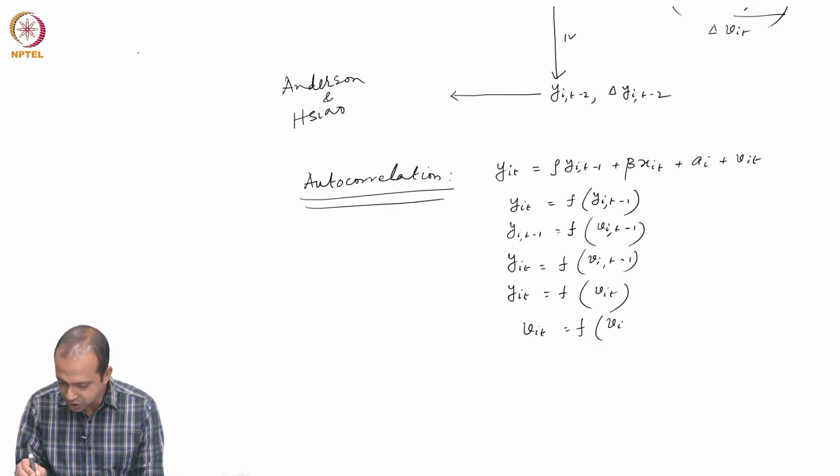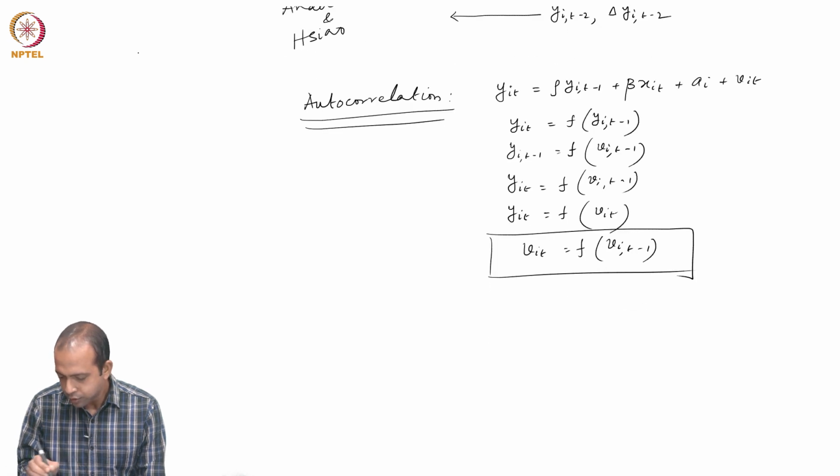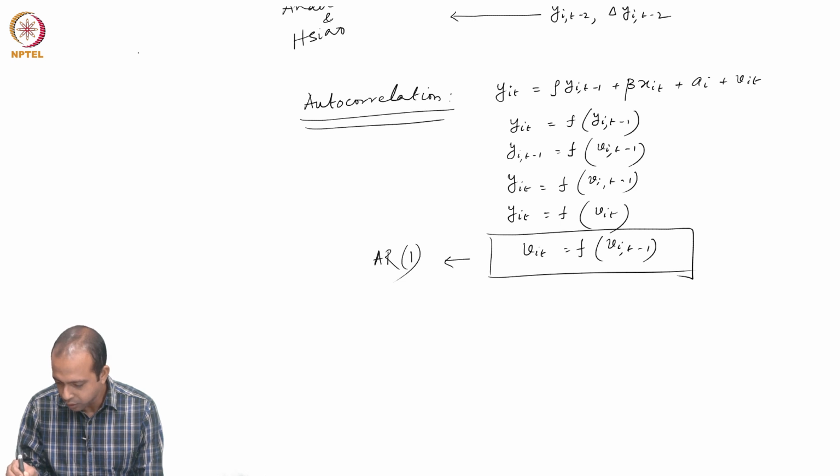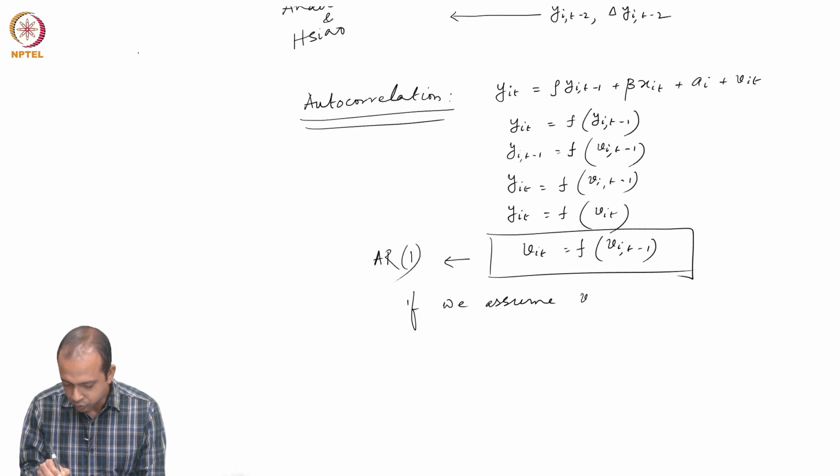but if we assume that VIT are serially uncorrelated, then AR2 and higher, let us say ARP, should not be there.